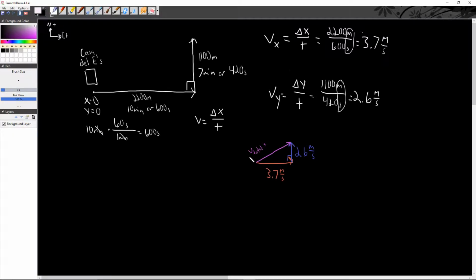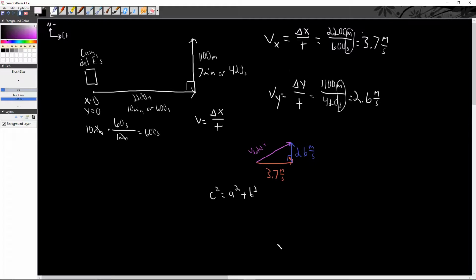So my v total, I'm looking for the hypotenuse for this triangle when I've added my two vector velocities here. So to find that, Pythagorean's theorem says that the hypotenuse squared, or c squared, is equal to the length of one side squared plus the length of the other side squared.